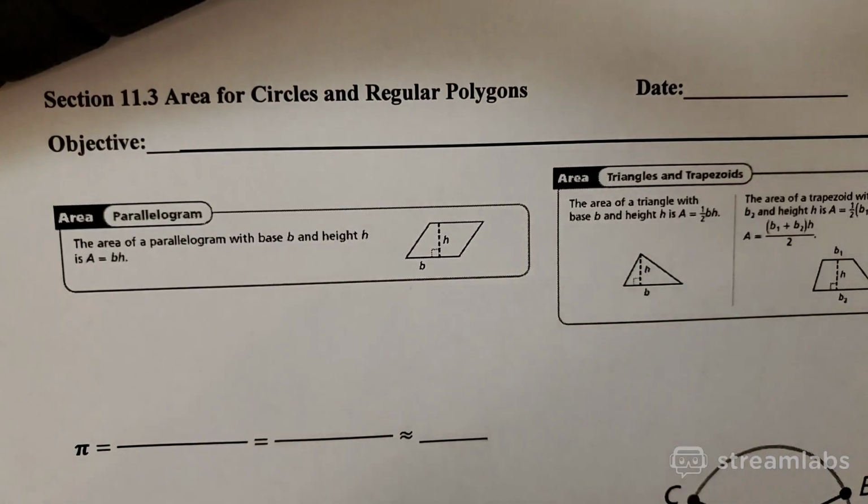All right, good morning. Let's get started. So today we're going to talk about area. Primarily, we're going to review area of a circle, and we're going to focus on area of a regular polygon. That's the main focus. All right.